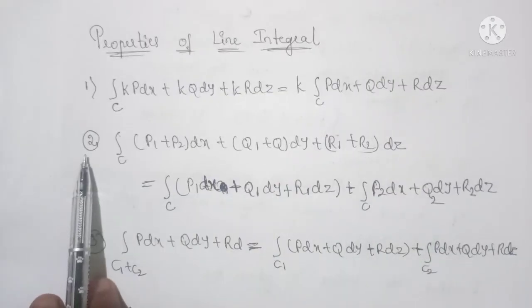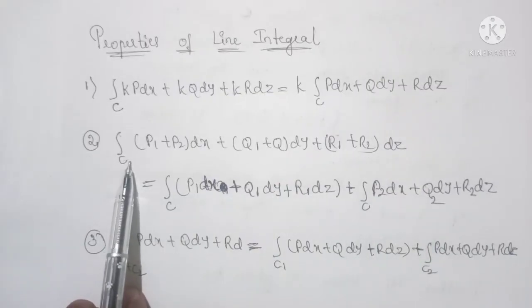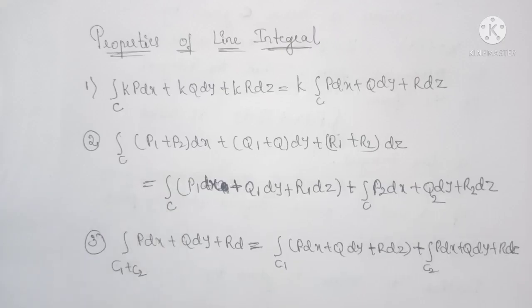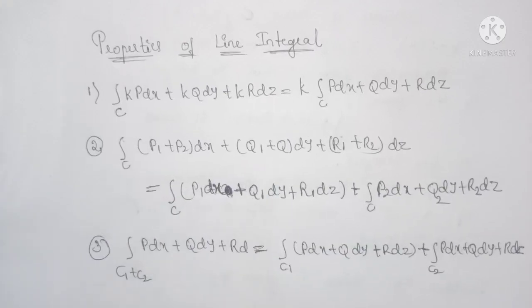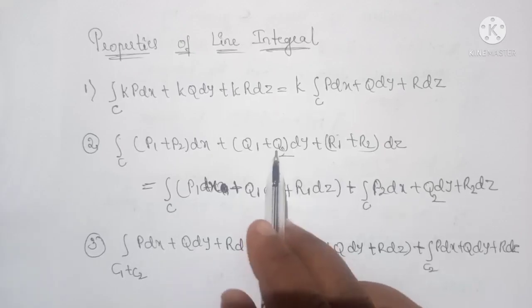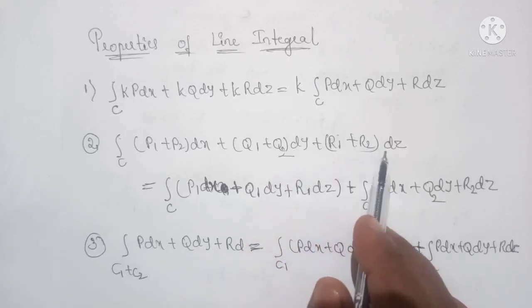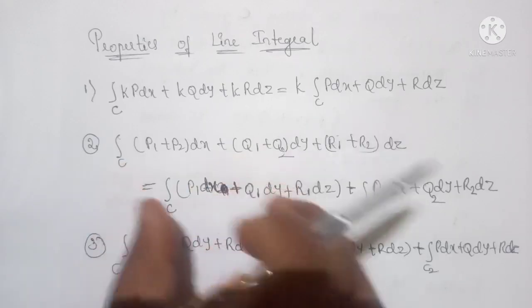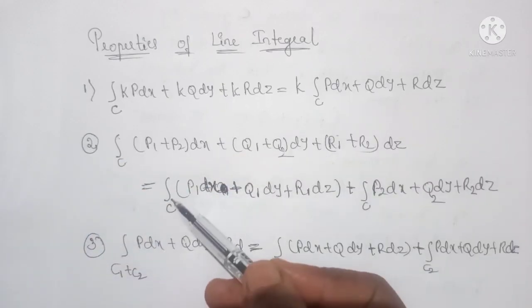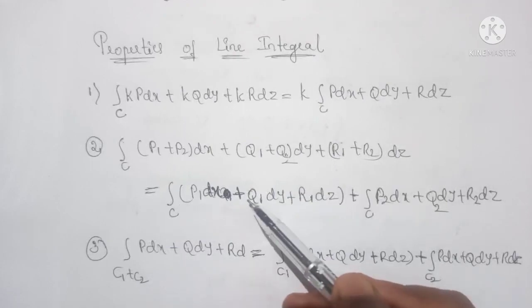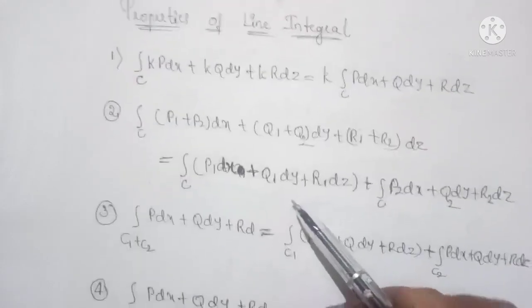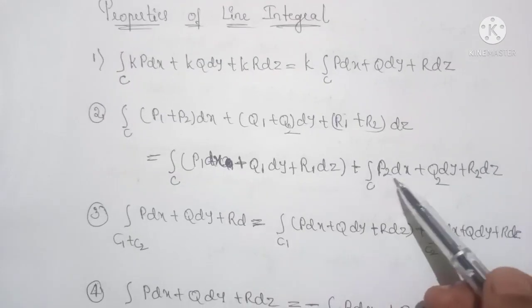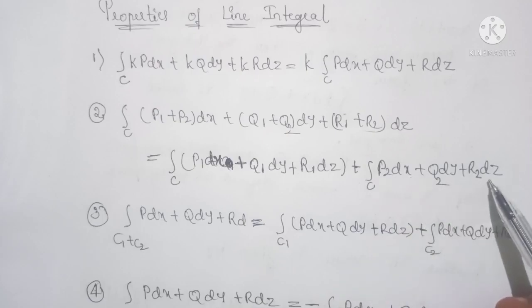Second one, integral over c of p1 plus p2 into dx plus q1 plus q2 dy plus r1 plus r2 dz can be split into two integrals separately, that is integral p1 dx plus q1 dy plus r1 dz plus integral p2 dx plus q2 dy plus r2 dz.